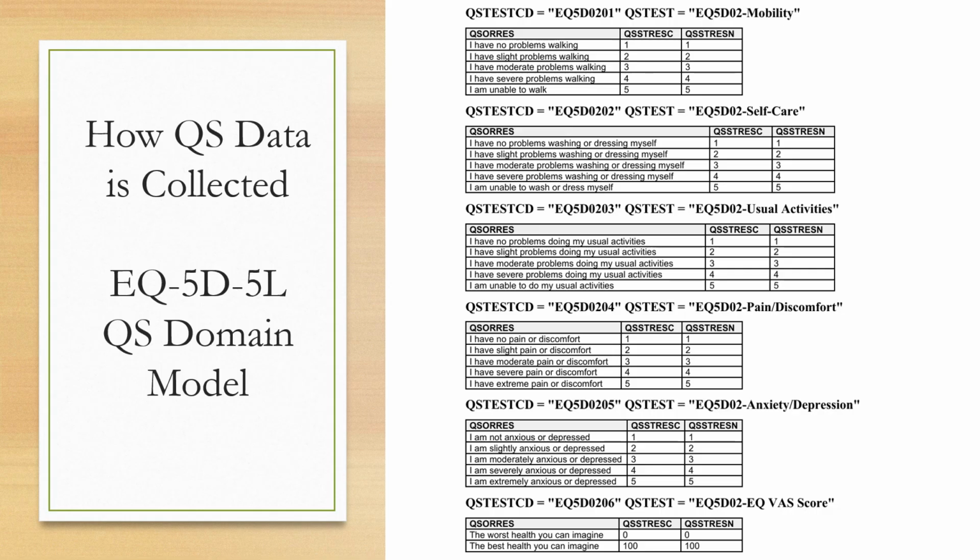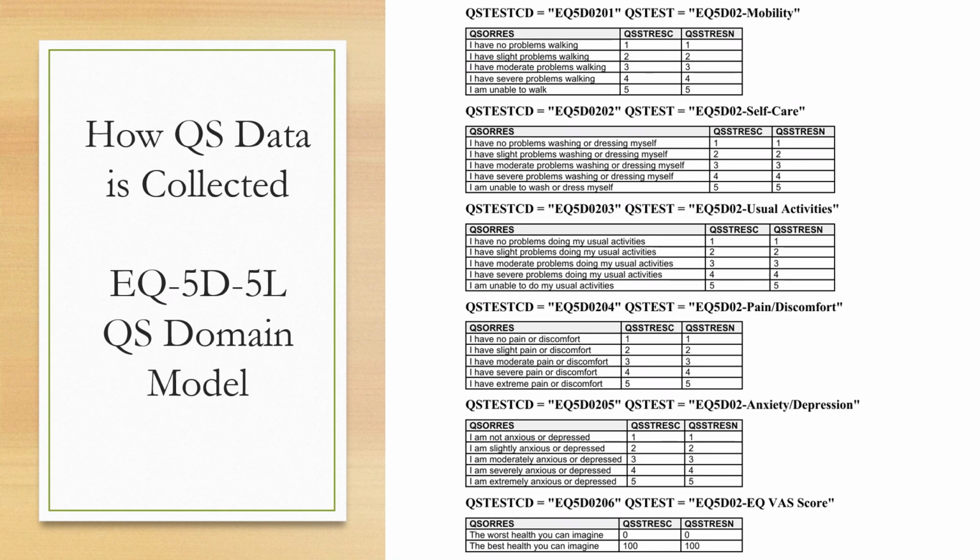Taking this test as an example, based on the value the subject selects in the questionnaire form, the text value will always be populated in your QSORRES. They have defined in the standard form that the first value is coded as 1, and similarly for the remaining values you have 1, 2, 3, 4, 5 as the coded values for the collected result.